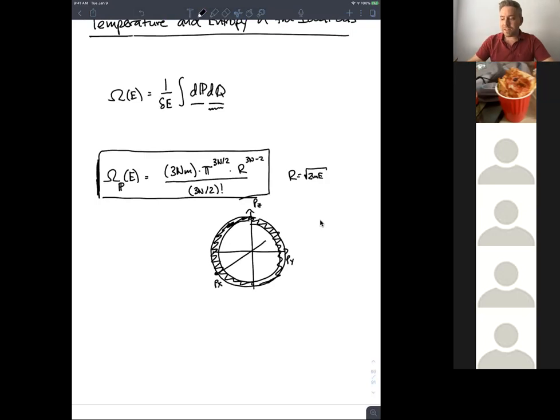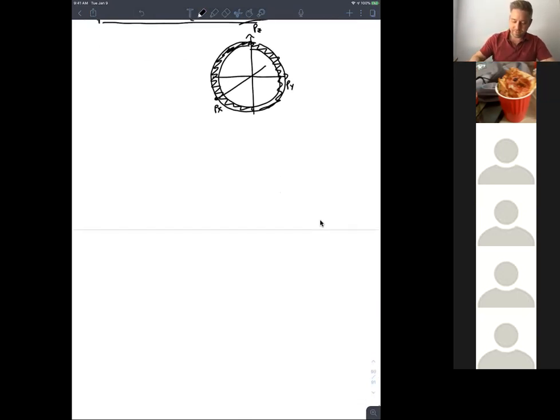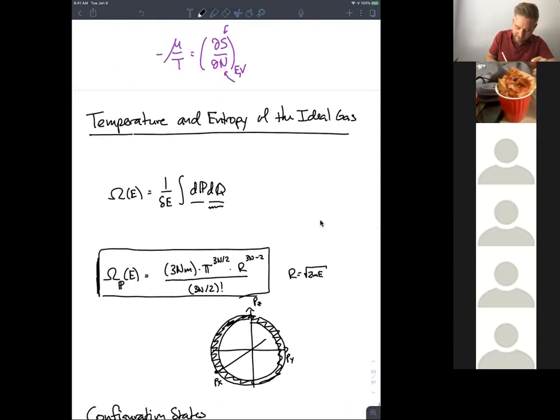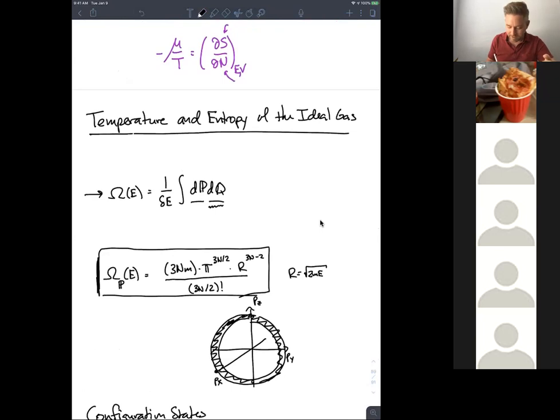We have not talked at all about configuration. So what are called configuration states? In other words, if we started here, all we've done so far is to evaluate this part of the integral.